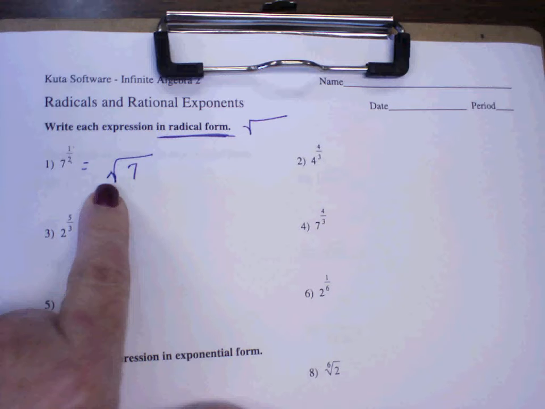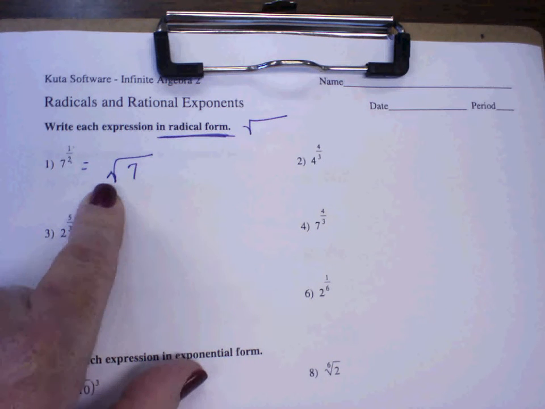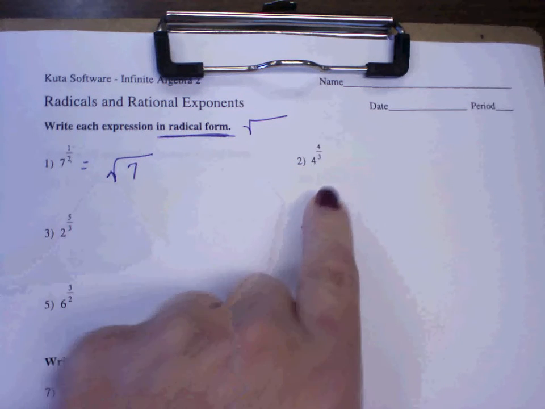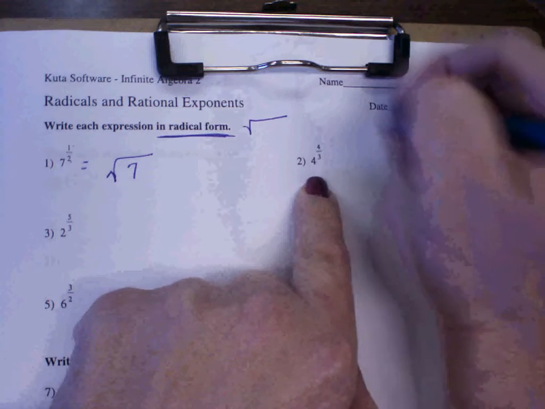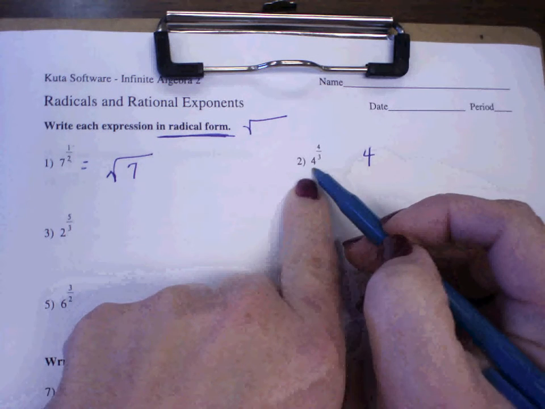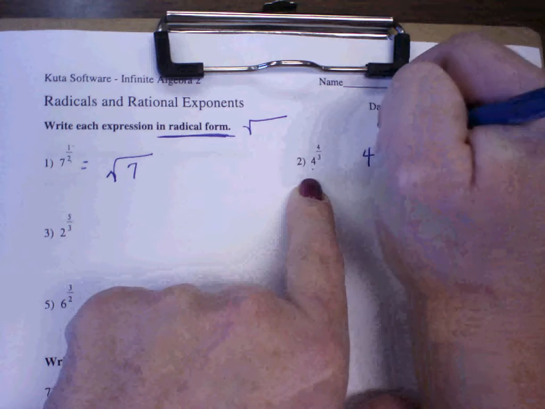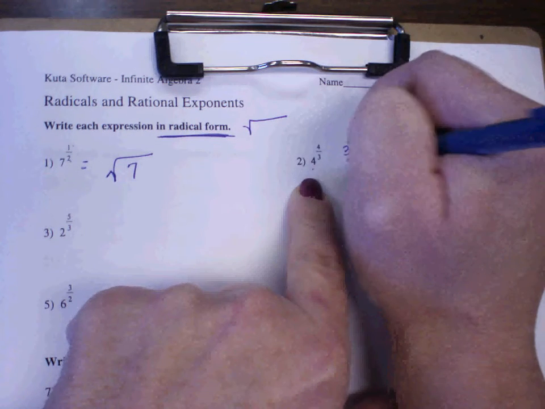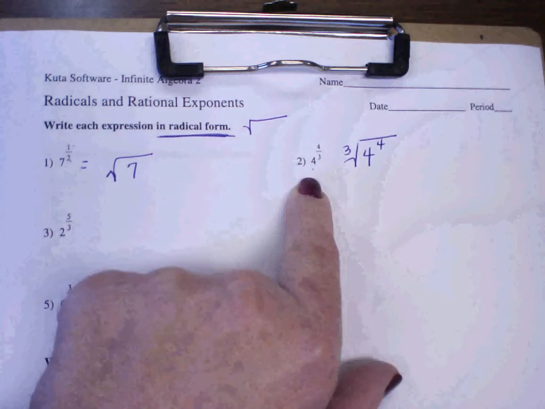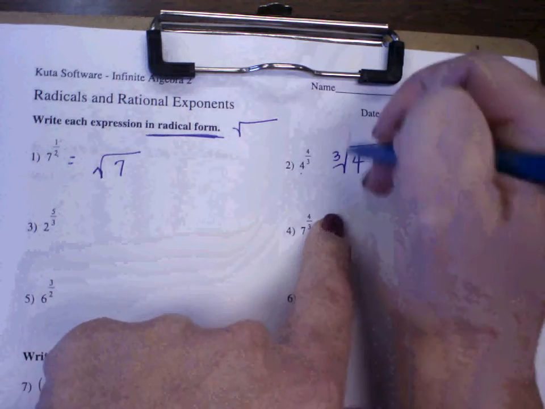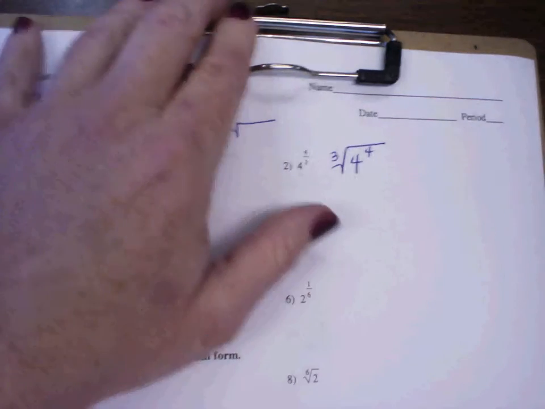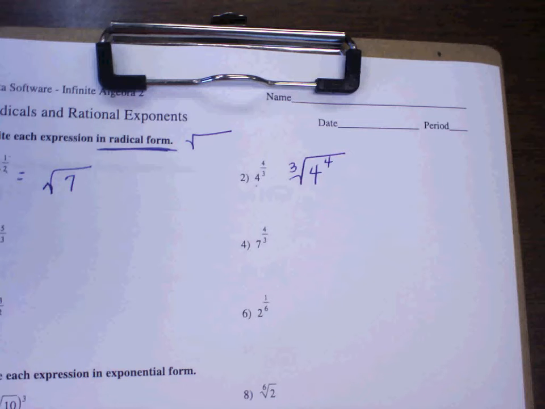What kind of root is it? Squared. Alrighty. Number two. Four is your main number, which is your base. How many do you have? Four of them. What kind of root is it? Cubic. Third root or cubic root.